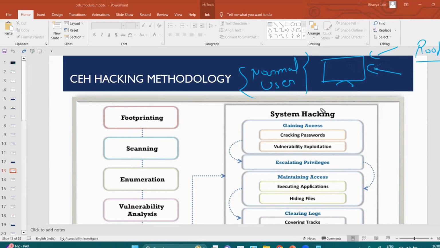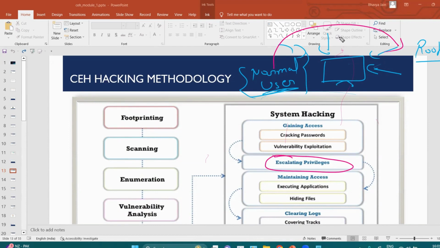But you have hacked this system as a normal user, which means you don't have higher privileges. You cannot open that file which needs higher privileges. So for accessing that file, which is the main purpose, you will apply escalating privileges, which is like moving from normal user to the root user, gaining the higher access inside the same system.